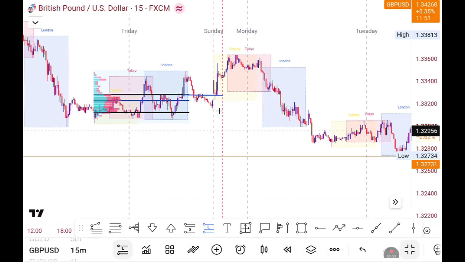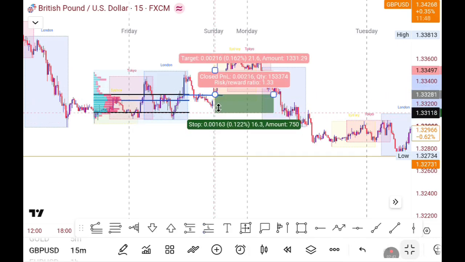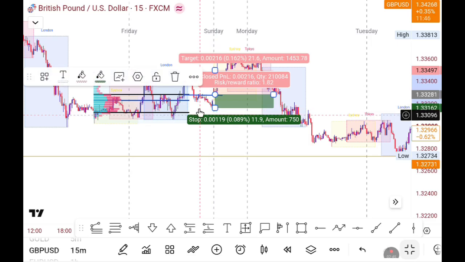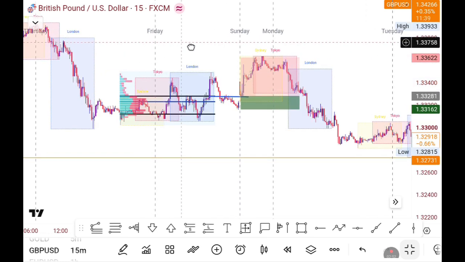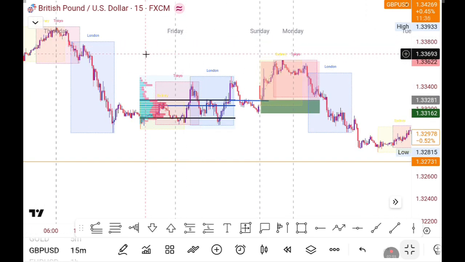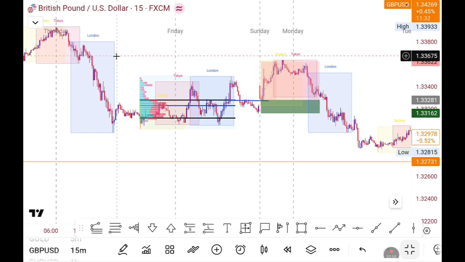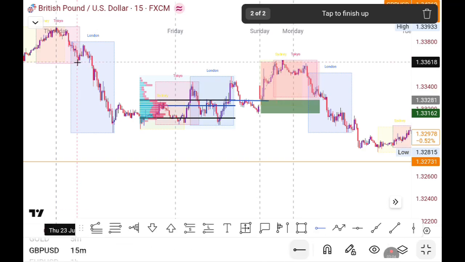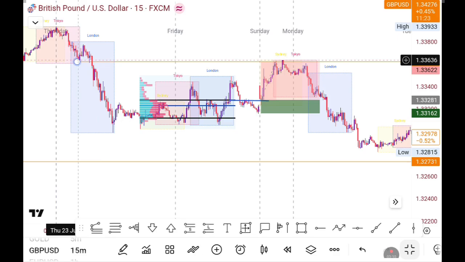This one was a buying signal. Your stop loss goes right there, and for your TP you always look at the nearest liquidity. Our nearest liquidity was right here, as you can see, we broke structure. This one was a structure, we used it as support, then it was broken.